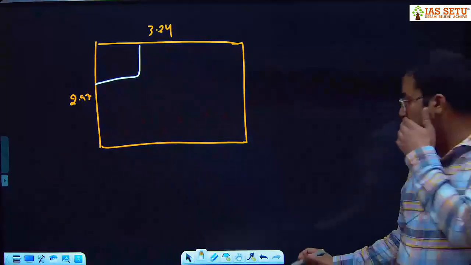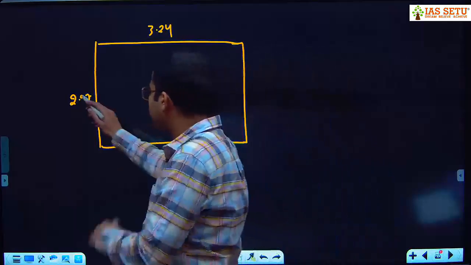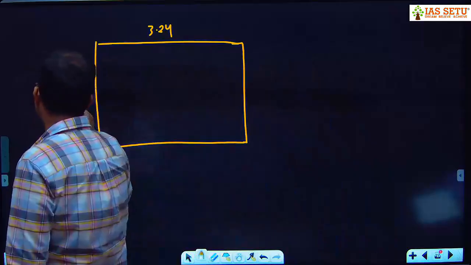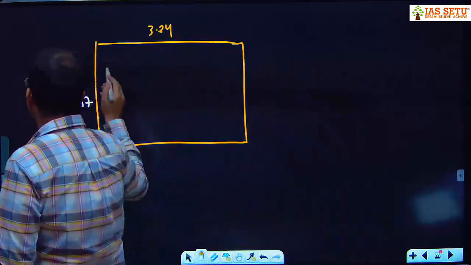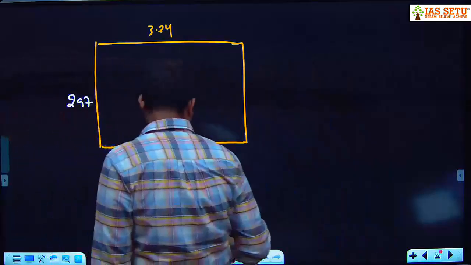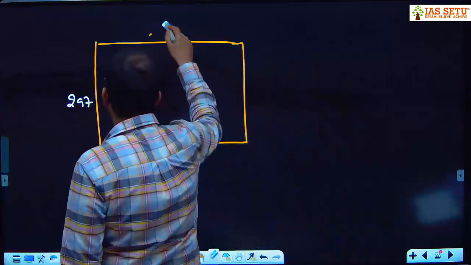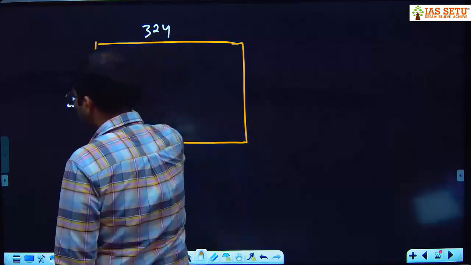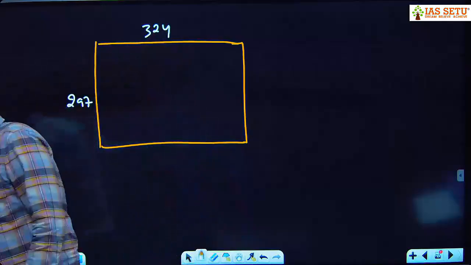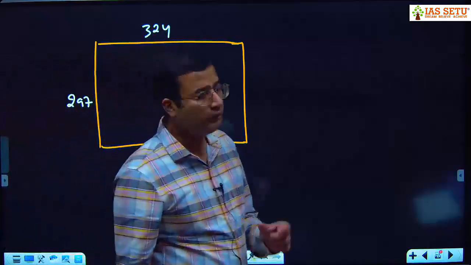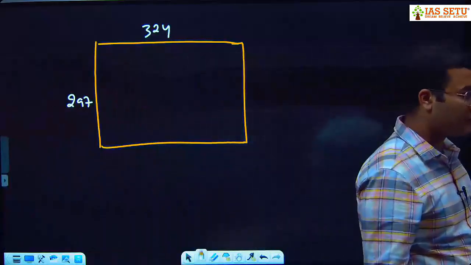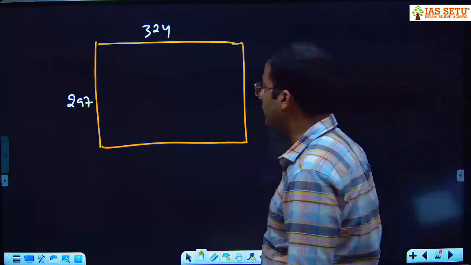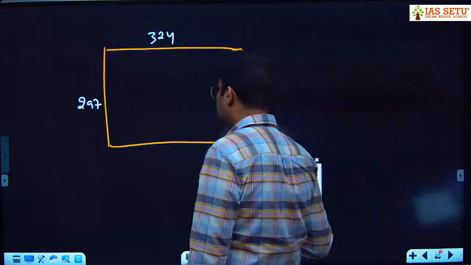So what you do, you can convert this into centimeter. 2.97 meter means 297 centimeter. 3.24 is like 324 centimeter. So the size of the tile which is used for the purpose will be the HCF. This is a favorite question of HCF. So step number 1, find the HCF of these given two numbers.